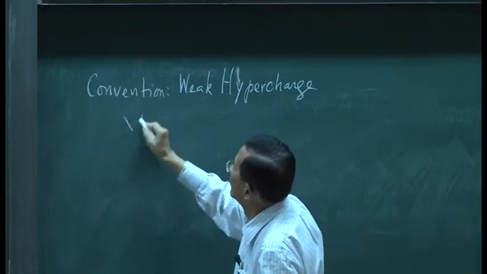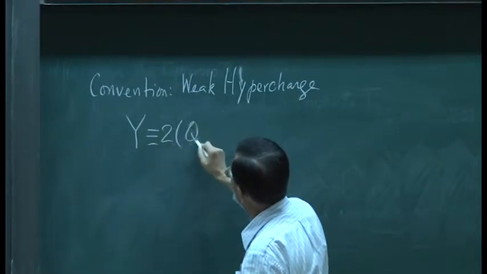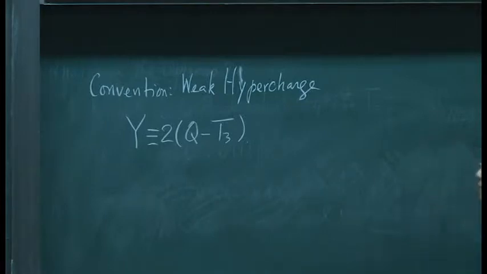Y is equal to 2Q minus T3. Okay? I'll give you an example.